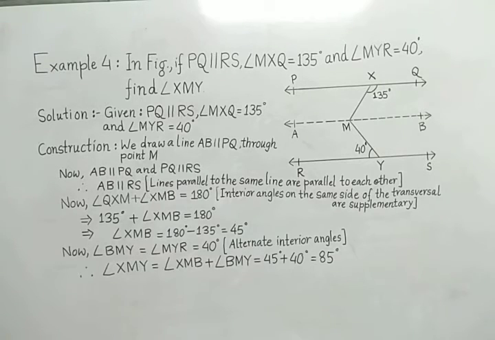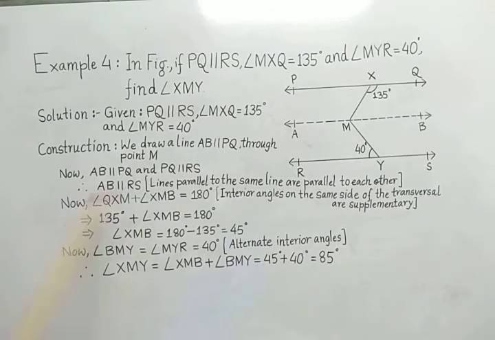Clear? So here also we have drawn a line AB which is parallel to PQ. We have drawn in such a way that it is parallel to PQ and it is passing through the point M. Now, as we already know that AB is parallel to PQ from this construction, and from the question we know that PQ is parallel to RS.